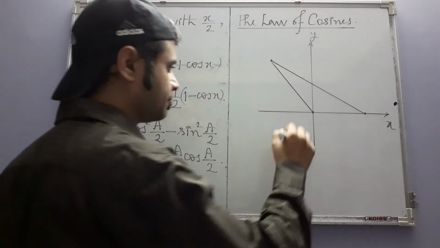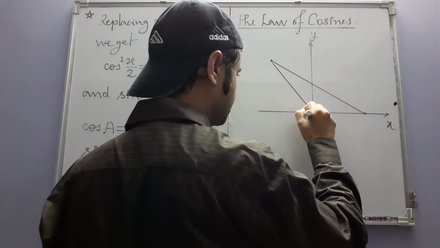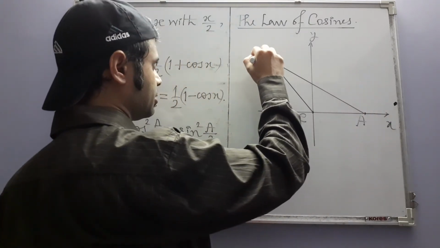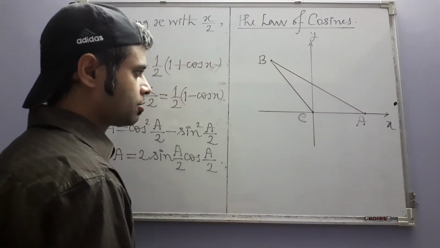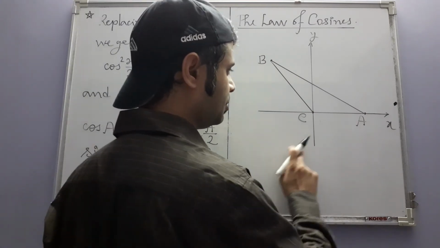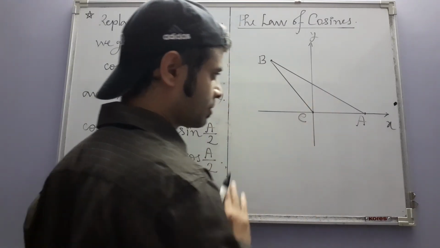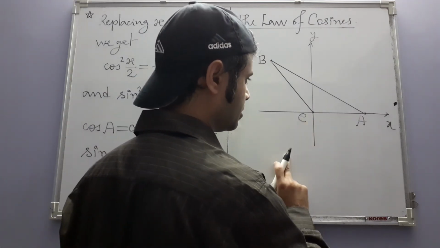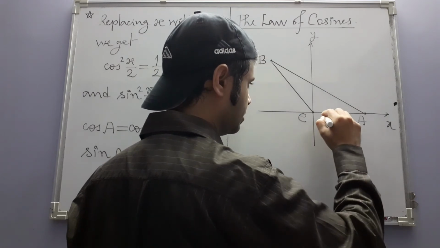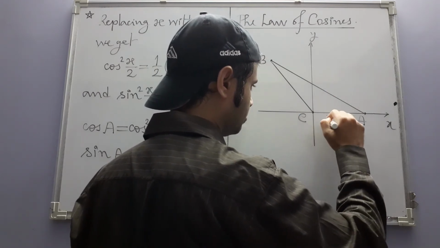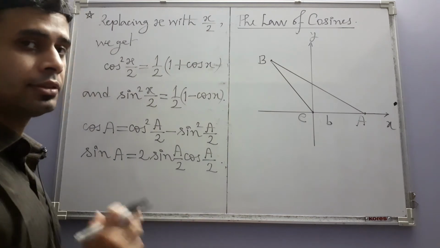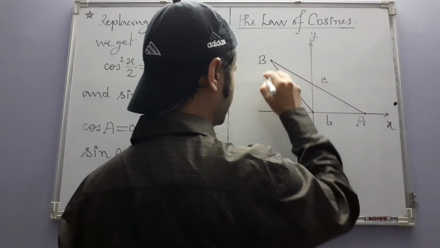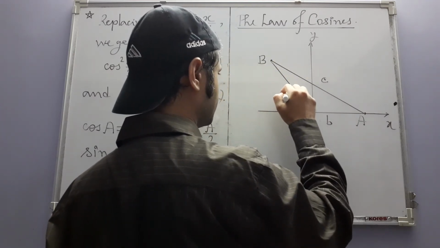So the one at the origin has been taken as C, this one has been taken as A, and this one has been taken as B. So in the standard way of naming the sides of a triangle based on the names of the vertices, this CA side is B, its length is B. AB side has length C and BC side has length A.